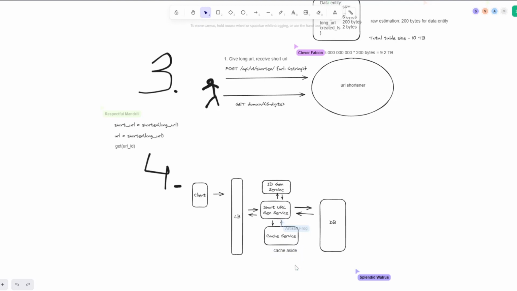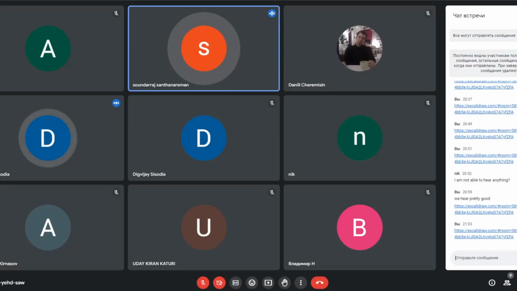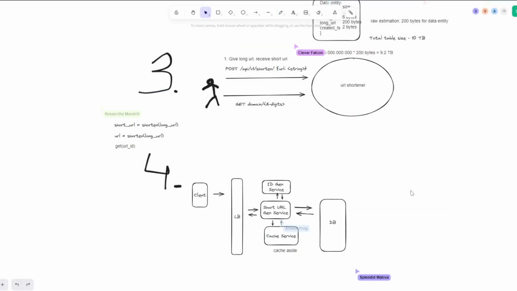Yeah, I think cache aside is good. When do you update the cache? I was thinking write-through. Okay, no, this is not write-through. Sorry, this is cache aside. Correct. That is right.